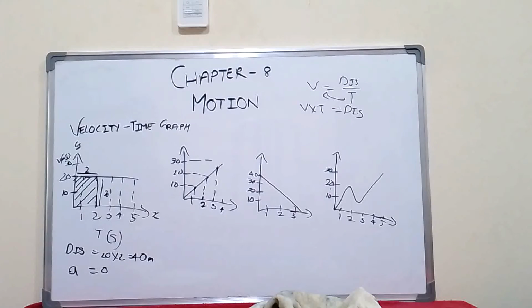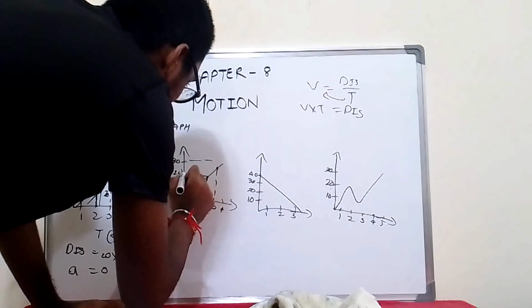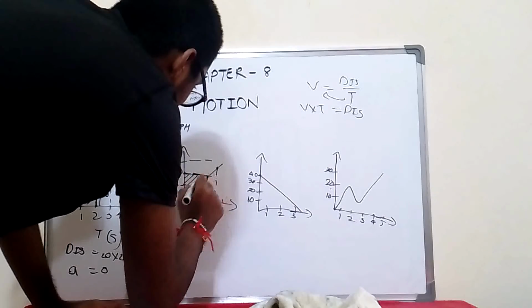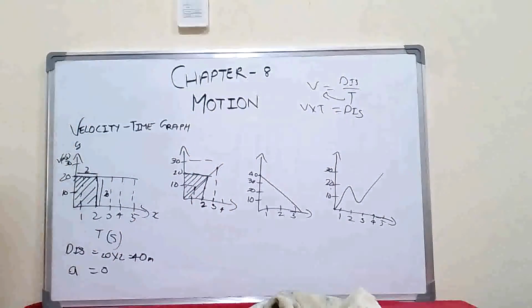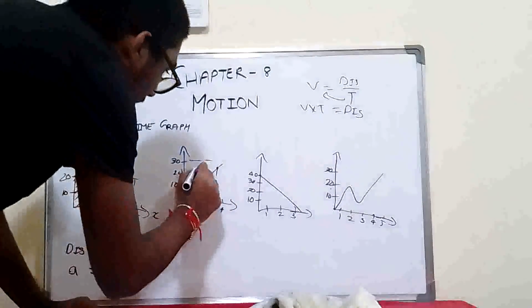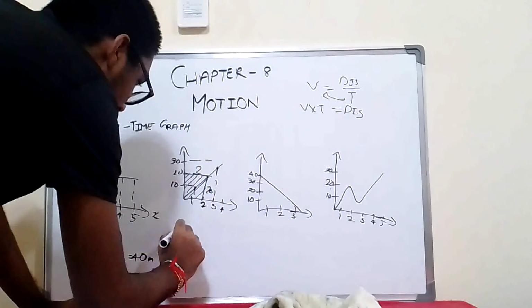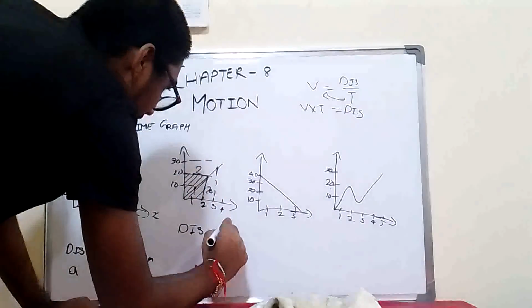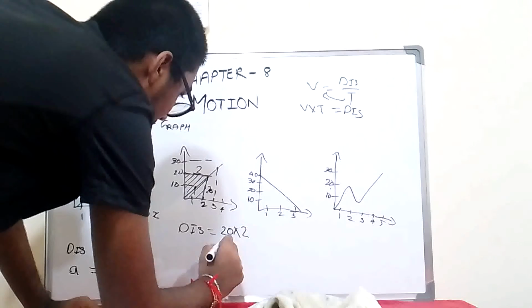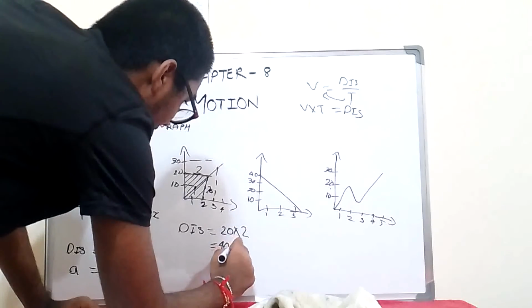So again, if you want to find the displacement, we have to find the area under it. So again here it's going to be 2 and 20, so the distance will be 20 into 2, which is equal to 40 meter.